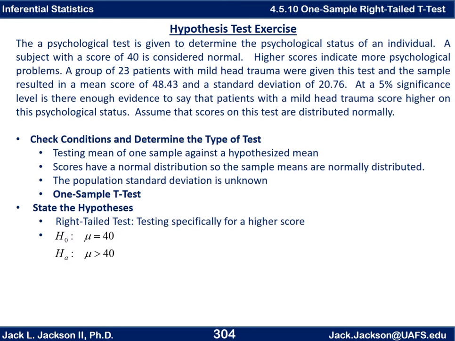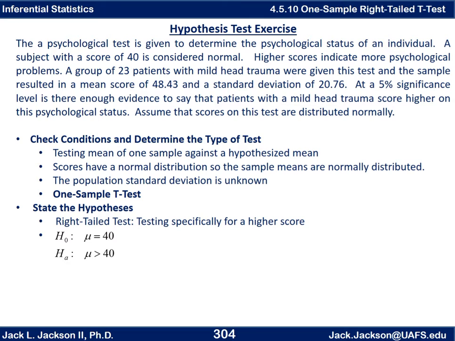Those three conditions tell us that we have a one-sample t-test. Furthermore, this is a right-tailed t-test because we're testing specifically for a higher score, not just a different score. The null hypothesis is that these patients with head trauma are no different than any other people, and if so, they should have a mean of 40. So the null hypothesis is that mu equals 40.